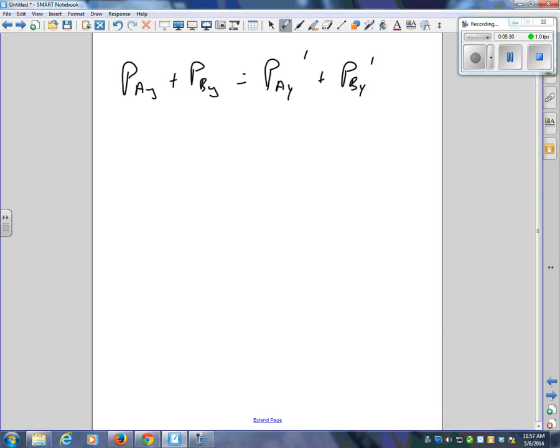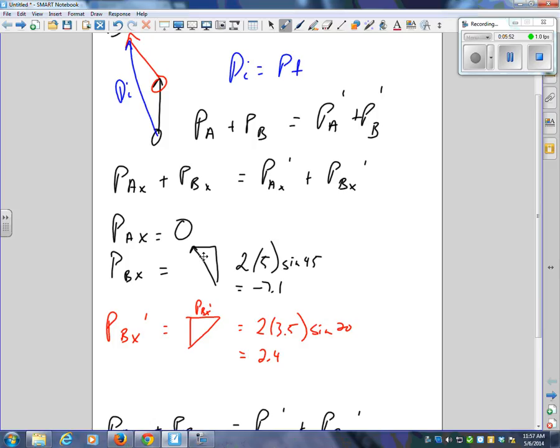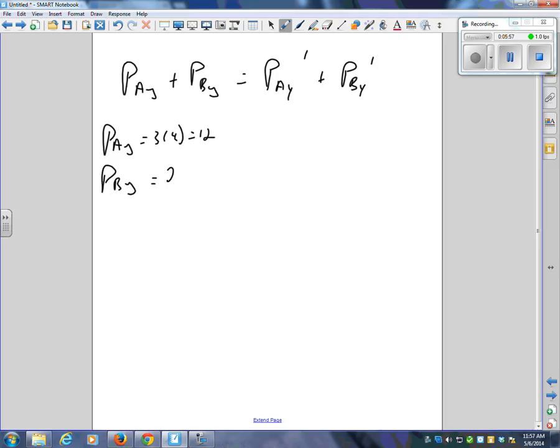Okay, PAY is not 0. It's in fact all of that whole thing, the 3 times 4. So PAY is equal to 3 times 4, which is 12. PBY is equal to, let's go back over here, it's not the sine, it's the cos of this one: 2 times 5 times cos 45, again 7.1.